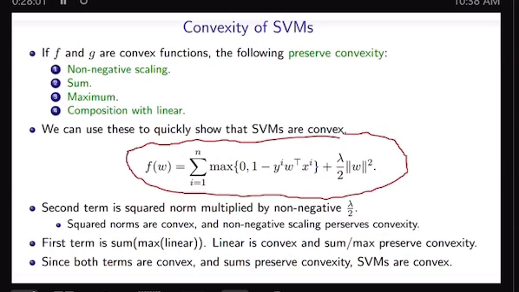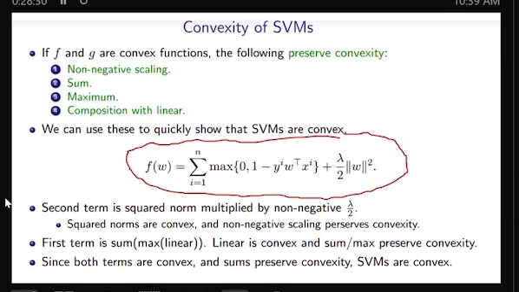This is a function that we may want to minimize in support vector machines. The only way I can easily optimize this particular function and fully actualize my goal is when it is convex.